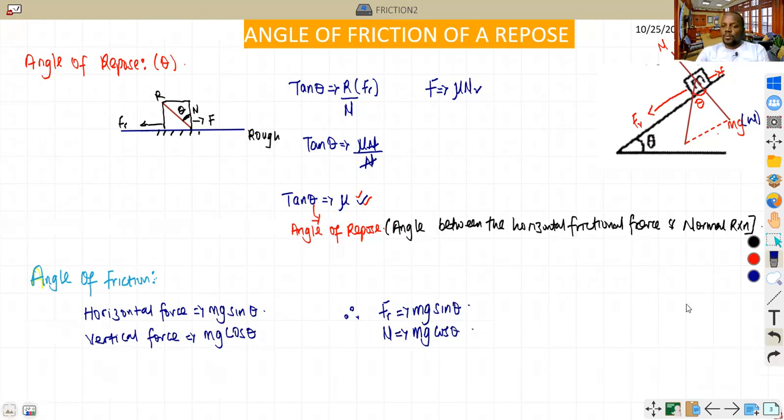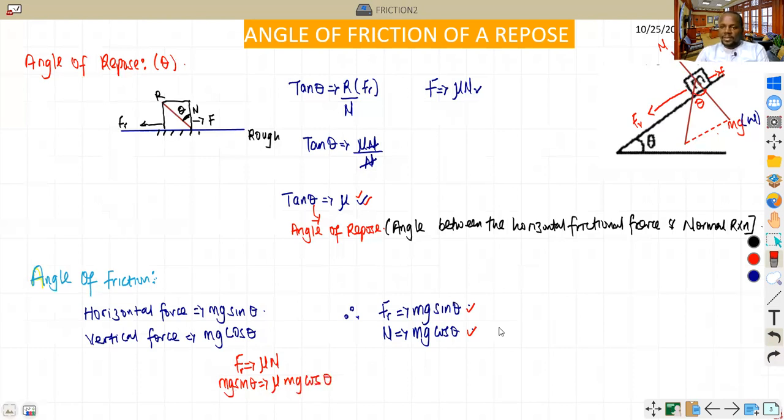And remember, from what we have also studied, that the frictional force formula is equal to mu N. So what is the frictional force now? mg sine theta is equal to mu times the normal reaction, which is mg cos theta.